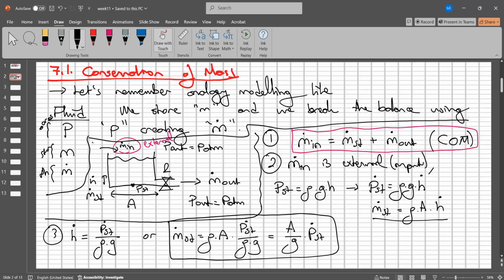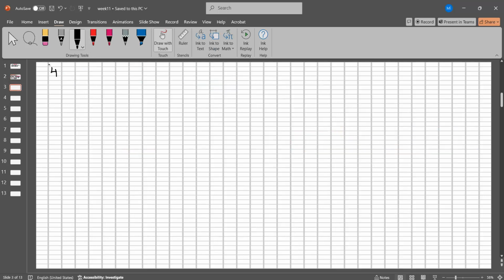So, if this is the case, then we should apply what? The conservation of mass, because we know that M in dot is equal to what? The MST dot plus M out dot, right? And so, how can we write the conservation of mass? In this case, M in dot remains the same because it's the input variable.